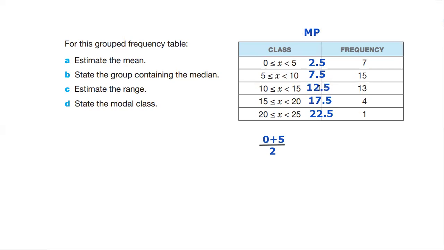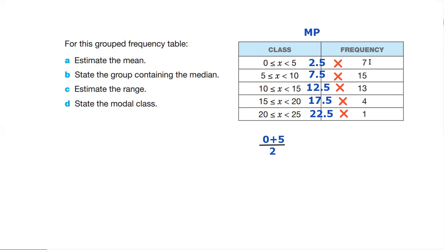Now, after finding the midpoints, I'm going to multiply them by the frequencies. I'll put multiplying signs here. So multiply each midpoint by the frequency in front of it, and you'll get the answer here, okay?